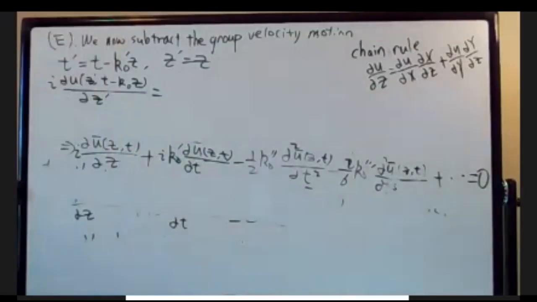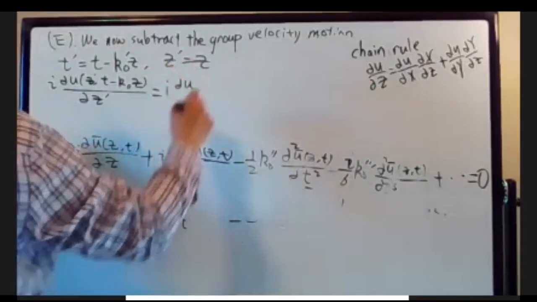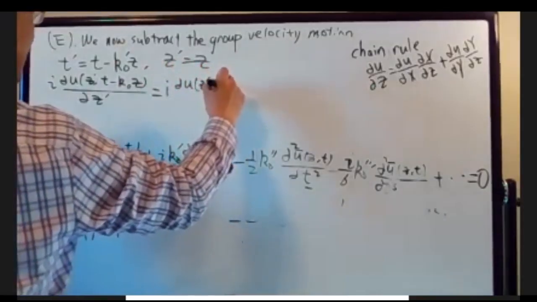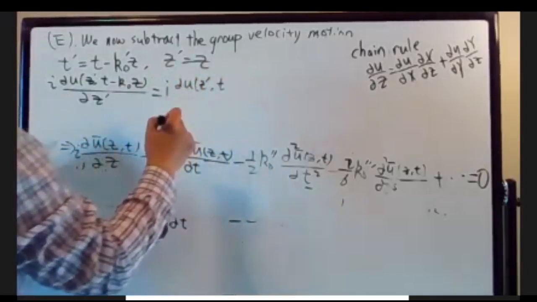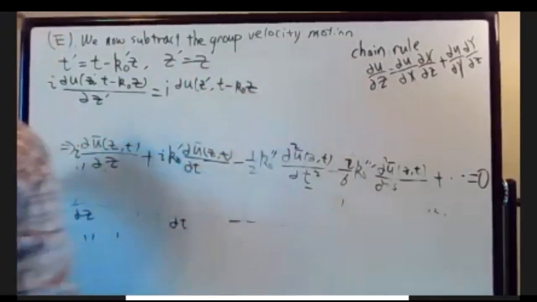Okay, now let's take a look. So this is the partial u with respect to z prime, and then with respect to the t minus k naught z, right?